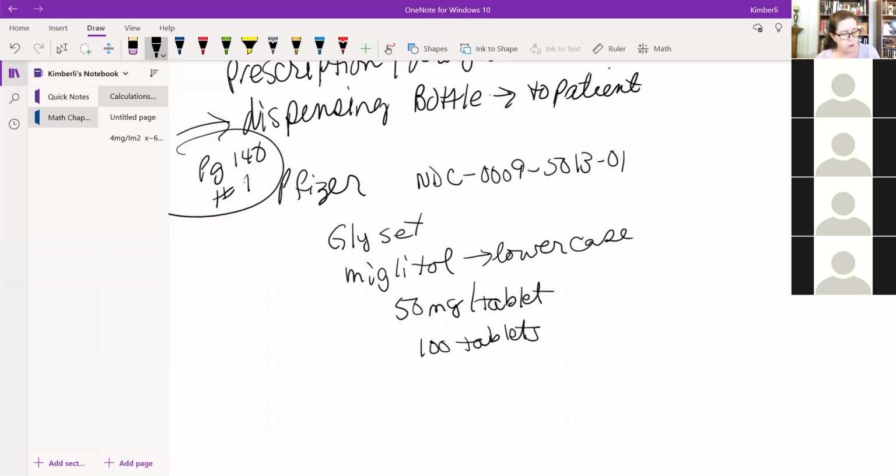And the trade or proprietary or brand name will begin with a capital letter, and may be followed by the R symbol. So if I look back at the label, it says Glycet with that little capital R with a circle, right? So what does the R mean?